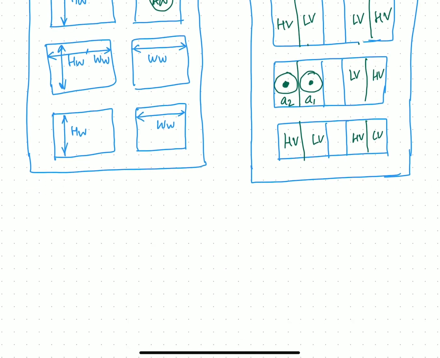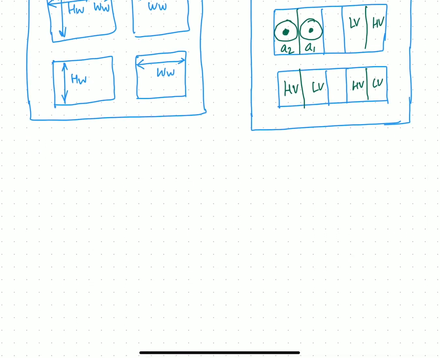So the point to note here is that there are 6 windows in this shell-type transformer, and each window has LV and HV windings of one phase only.